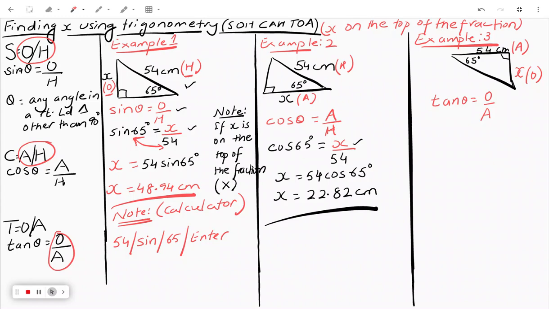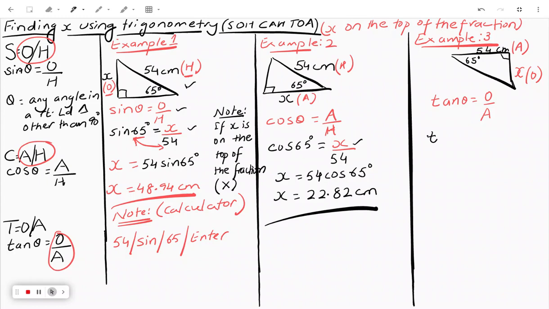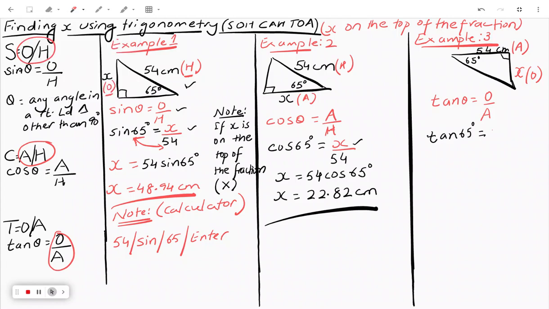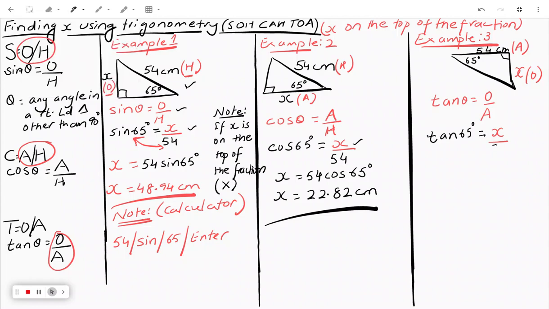Okay, so the next thing I am going to do now, I will substitute my values into it. So tan 65 equals opposite is your x, and your adjacent is 54, right? Okay, cool. Now I need to find out where x is on the top of the fraction, isn't it?